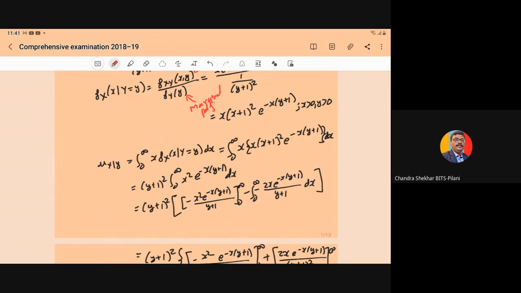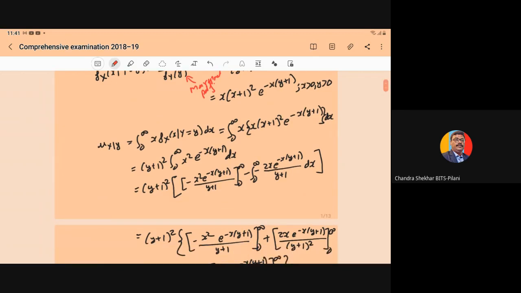From here you have to compute the expectation. So mu of x given y means for a particular value of y you have to find the mean for x. You know the basic formula: the integral from 0 to infinity of x times f of x given y.